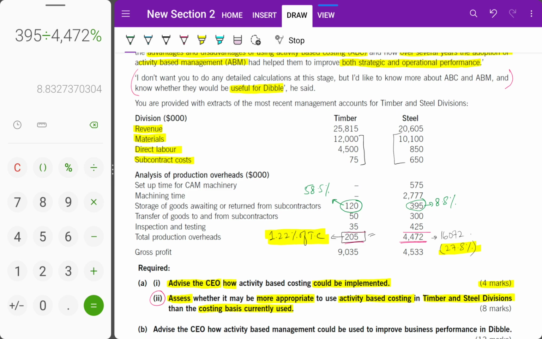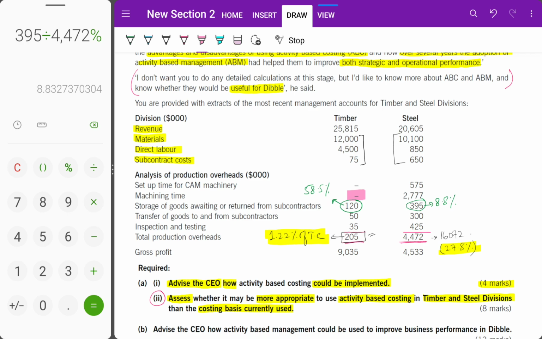No. The problem is machine time in timber department is 0. See this one. Machine time in timber division is 0. So how can you distribute overheads on the basis of machine hours? Obviously it's not a good idea. It's impossible. It's not a practical idea.